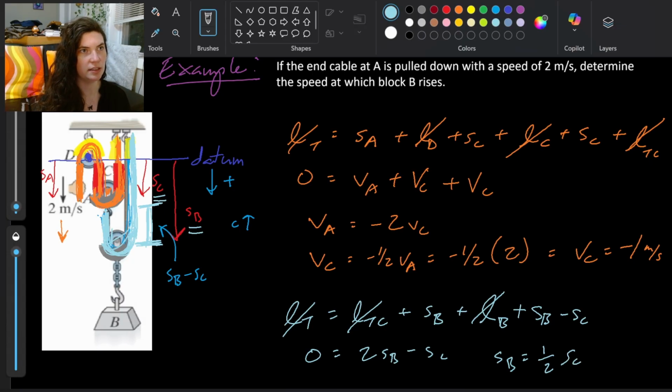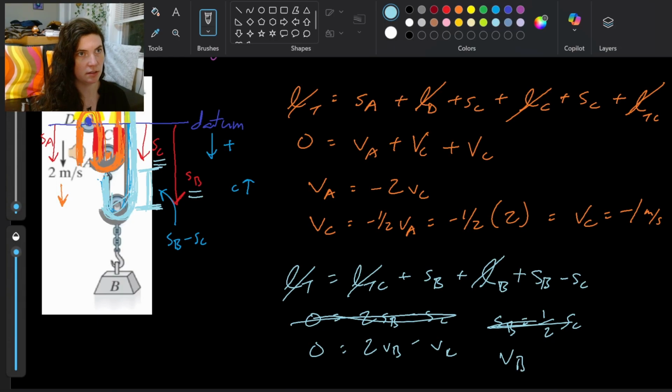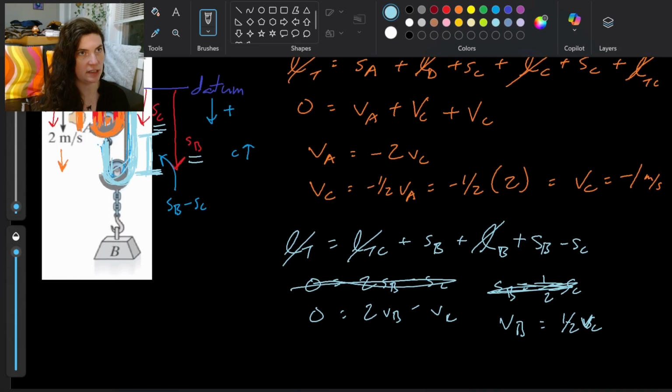Sorry, these are velocities because I'm taking that derivative. So this is 0 is 2VB minus VC, which means VB is 1/2 VC. Too sleepy, making mistakes here.